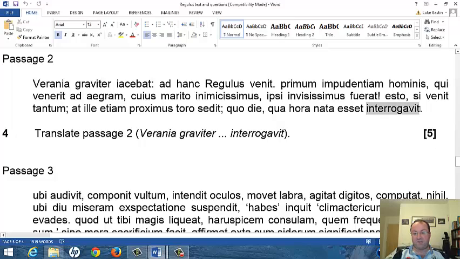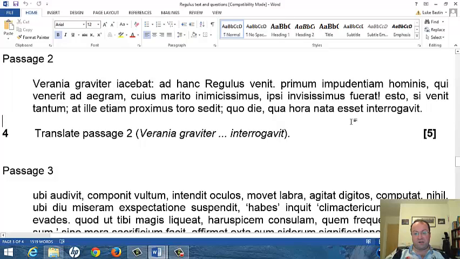So he, this is Regulus, he interrogavit, he interrogated her, he kept asking her. Quo die, on which day, nata esset, she had been born, qua hora, and in which hour, on which hour, nata esset, she had been born.